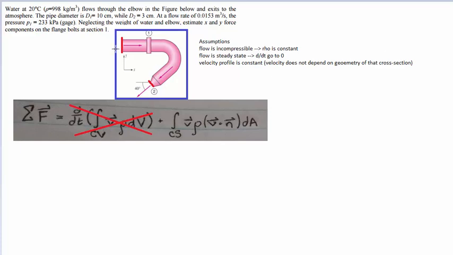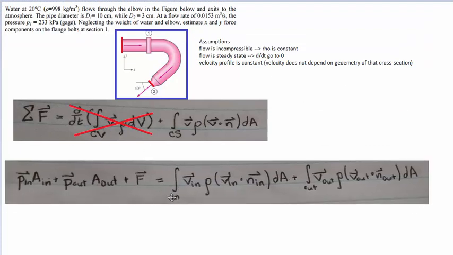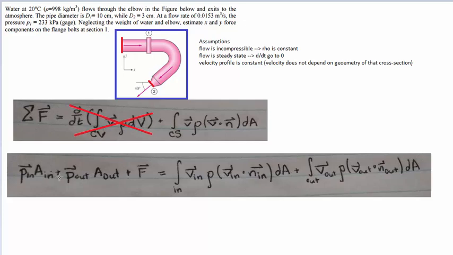So we're going to keep things as simple as possible. We're just going to say there's a pressure at the inlet, there's a pressure at the outlet, there's some sort of reaction force happening at one, and because we have an inlet and outlet, and those are both our control surfaces, we're going to have 2 integrals from the control surfaces. So I'll put that equation up here. Again, remember last time we called the outward pressure negative, but that's because we had a pipe that was just all along from left to right, and the pressure points inward at every point, so in that case it was going left.